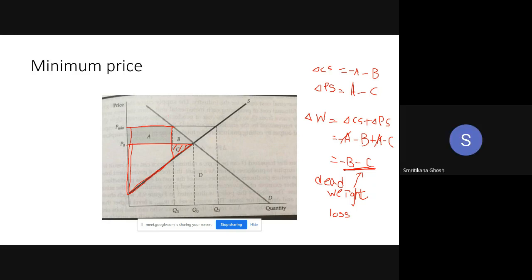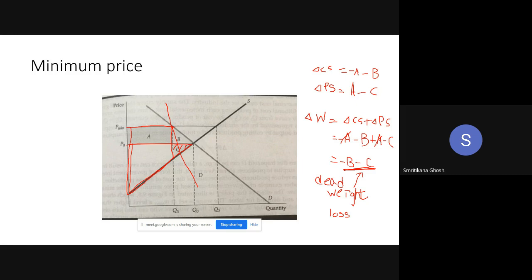Look, if it is very inelastic, you can explain it in terms of demand better. Look, if the demand is very much inelastic, like this, inelastic demand, fine, right?